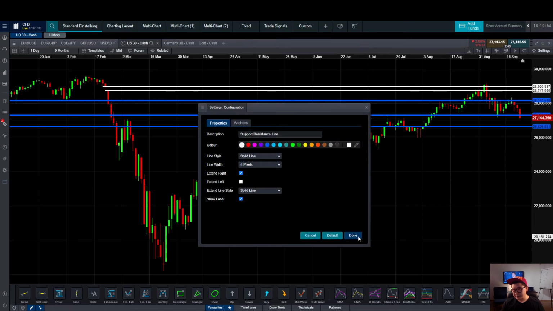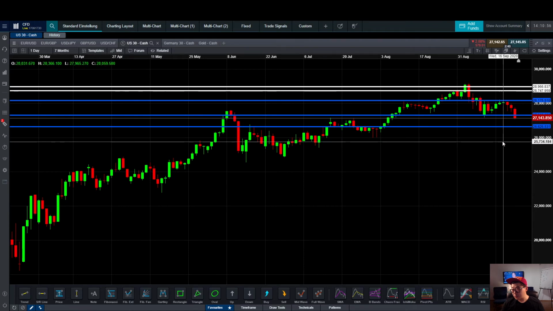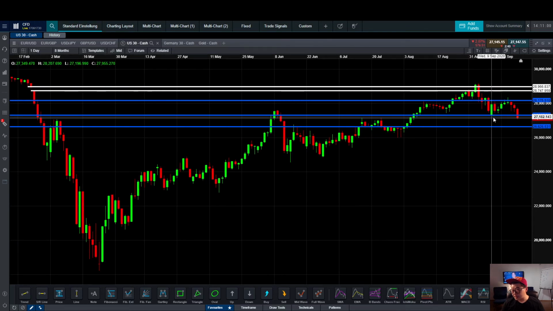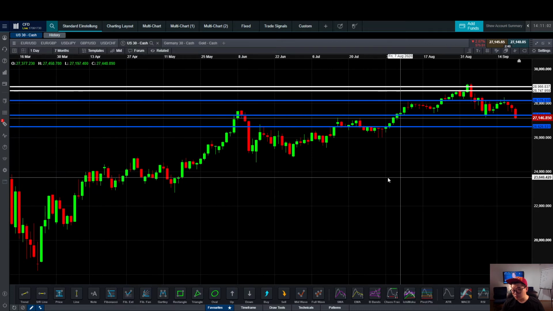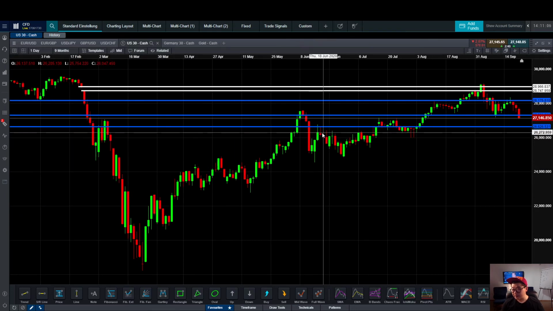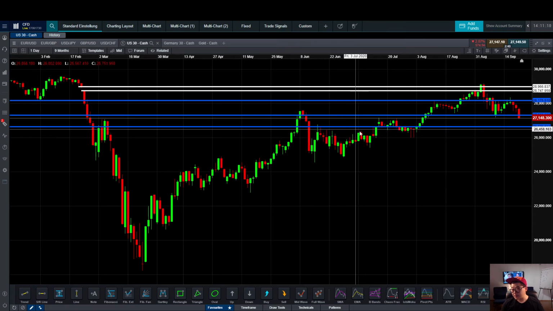So you practice these, and because we're moving in this area, do I expect it to make a lower low? It's already making a lower low, so we expect it to go even more down. And in this area right about here, we see major bounce offs, right?